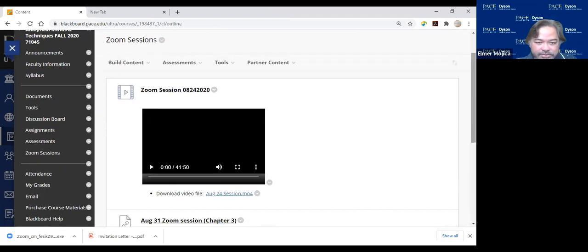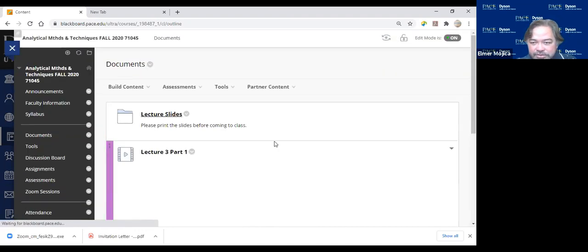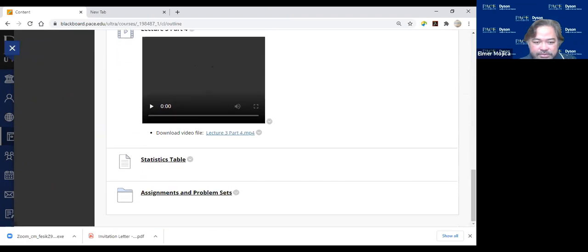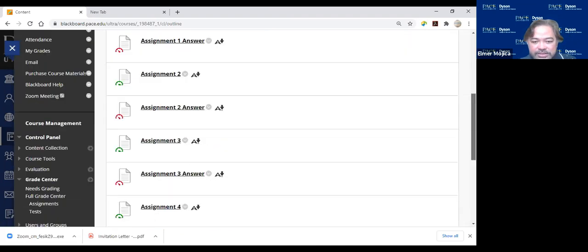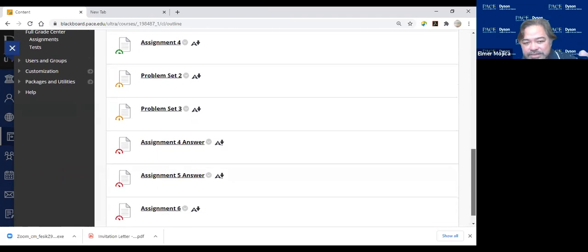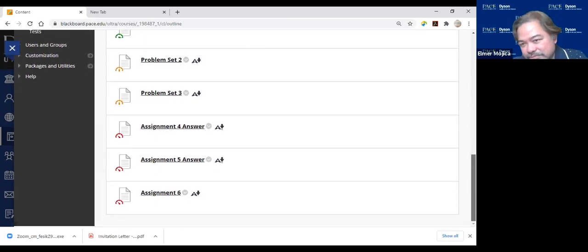You have here the documents, so that's the Zoom session. If you look at this assignment and problem set, you have here the answer that I just posted last night. And I'm going to post the answers for the 2 assignments later today, once you submit them.